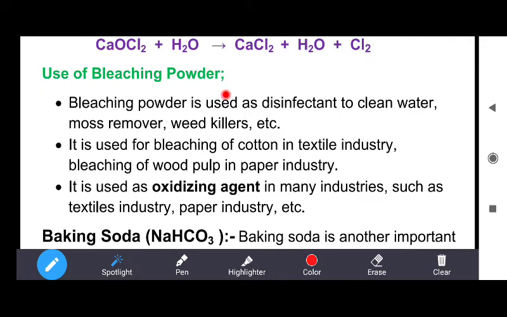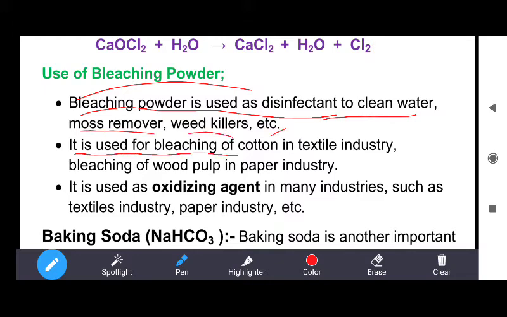So now, uses of bleaching powder. After the properties, we will always read the uses of the substance. Bleaching powder is used as a disinfectant to clean water, moss remover, weed killer, etc. It is used for bleaching cotton in the textile industry, bleaching of wood pulp in the paper industry also.